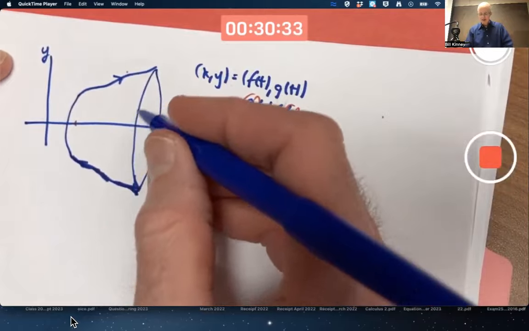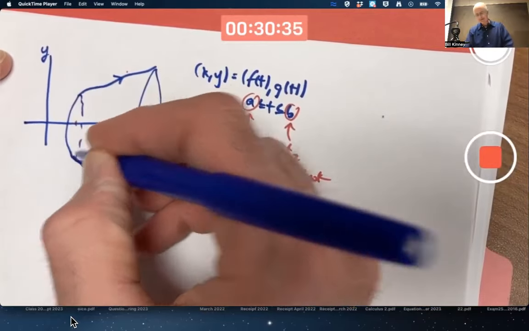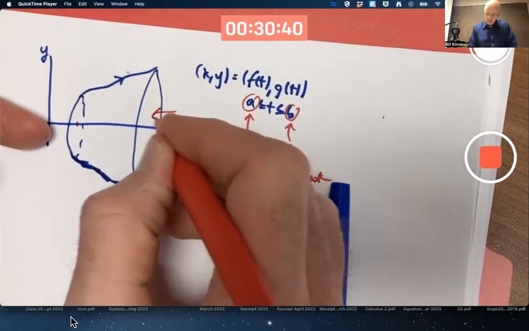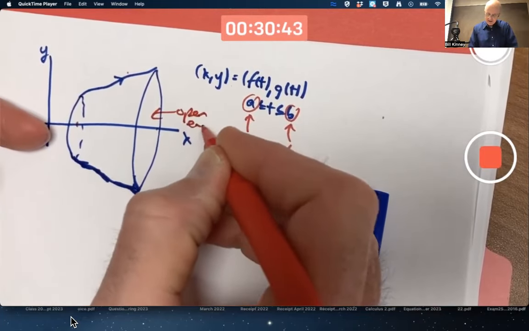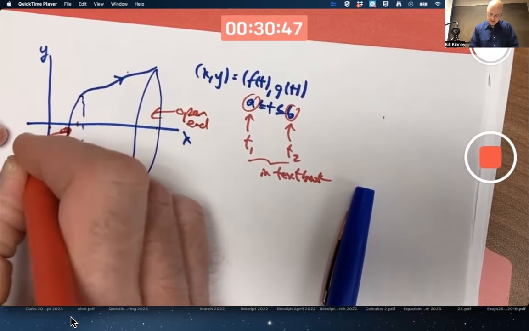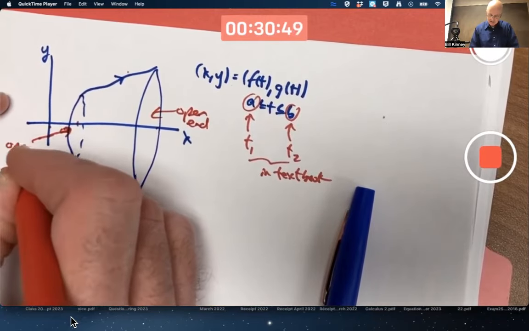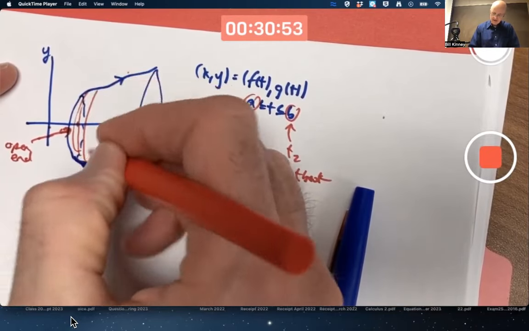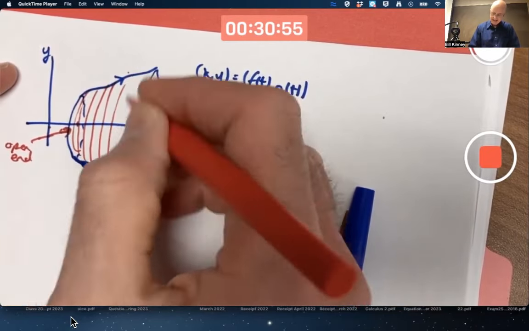Kind of a sideways bell-shaped. You're trying to imagine the ends are open. Open end here and an open end over here. So you're not trying to find the surface area of the ends. You're trying to find the surface area of the part around the sides.